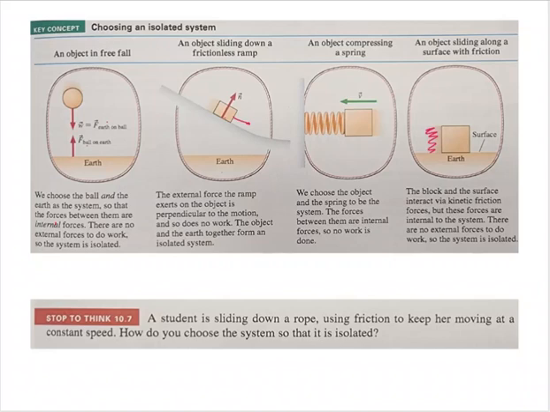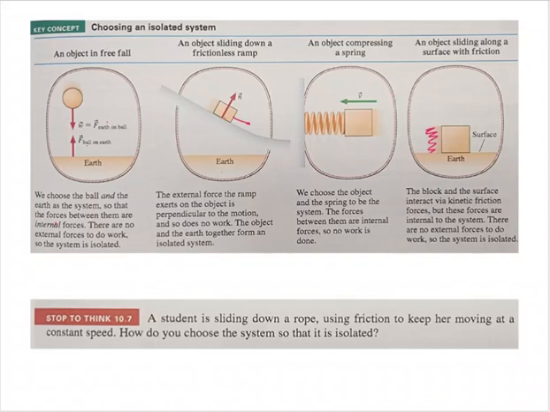These forces are internal to the system as well. There are no external forces doing work, so therefore the system is isolated. We're always trying to isolate the system so that no work is being done. If you can do that, then you can simplify the work energy equation, and then the problem becomes easier.